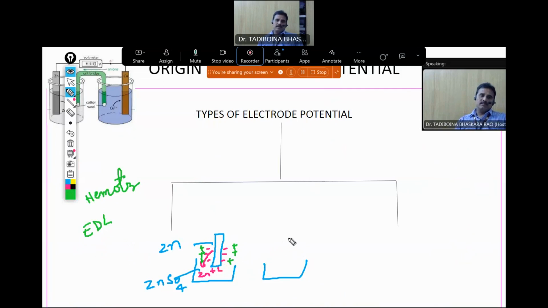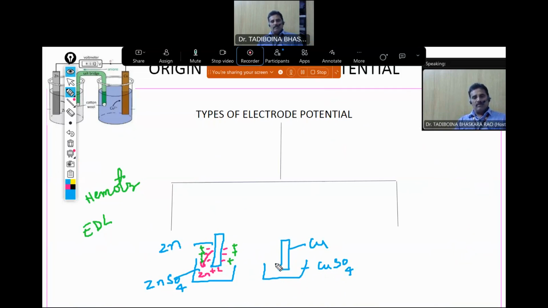In the same manner, if I take the copper electrode dipped in the copper sulfate solution, then what will happen? The copper sulfate has copper plus 2 ions, which will gain the electrons from the copper electrode.